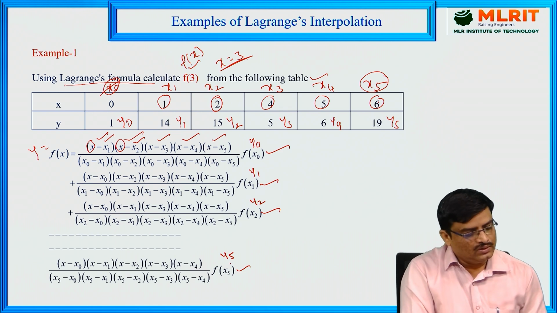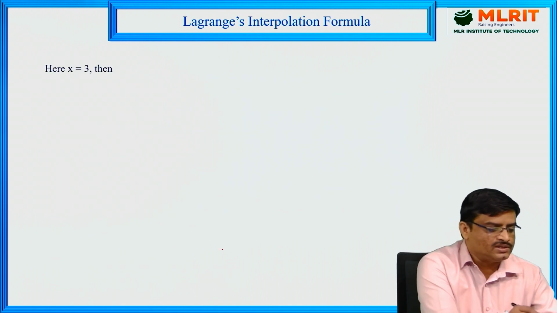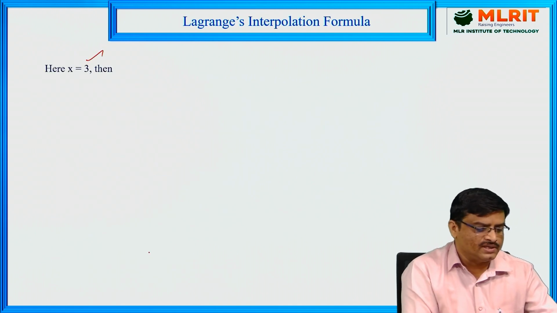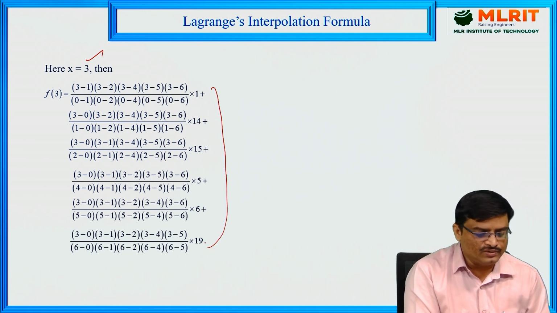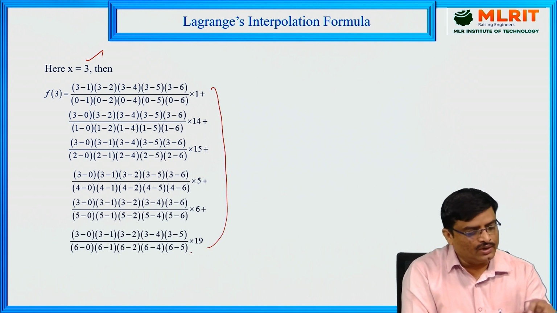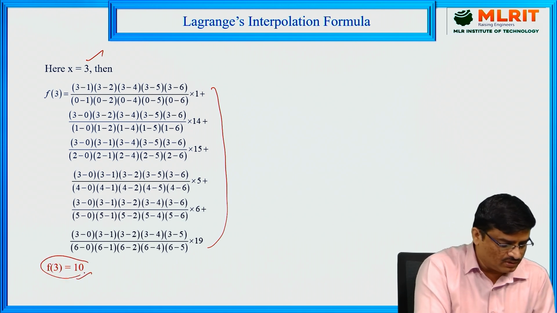Now substitute these values in this formula. So take x is equal to 3, already we have discussed x is equal to 3. Now substitute all these data values in this standard formula. Now simplify all the terms, then finally we get f of 3 is equal to 10.